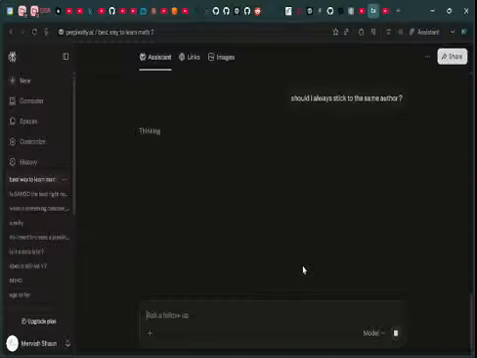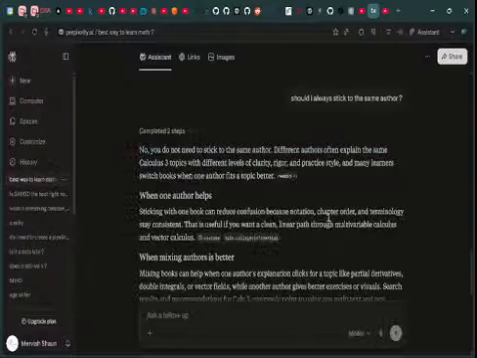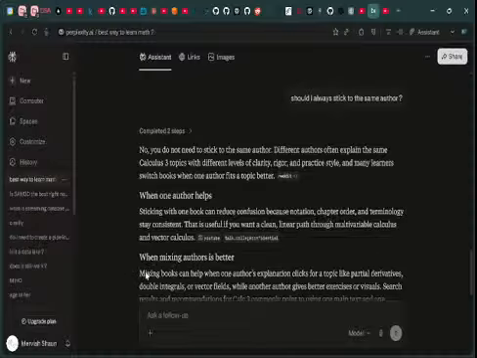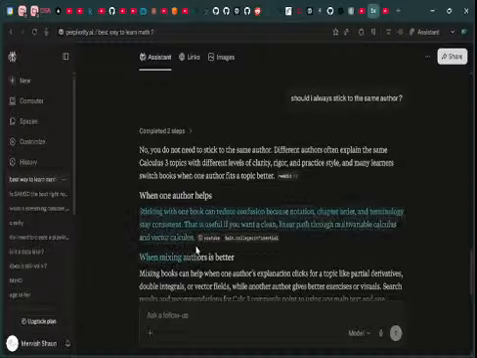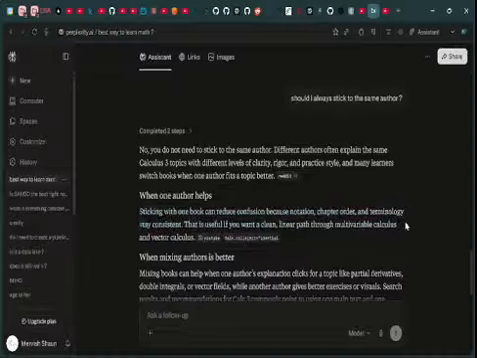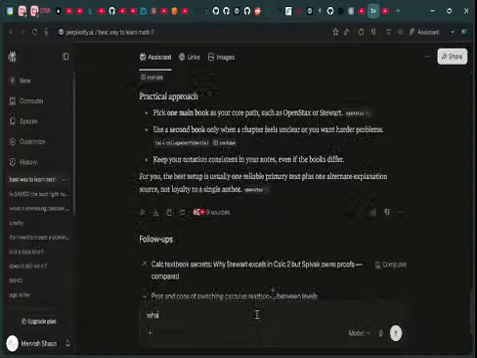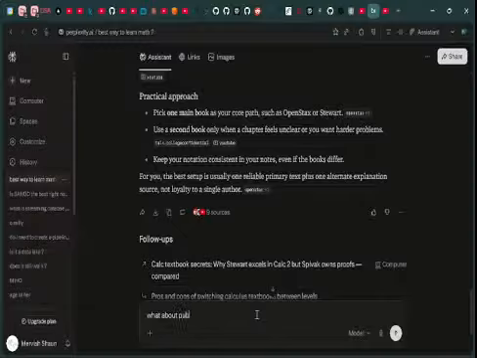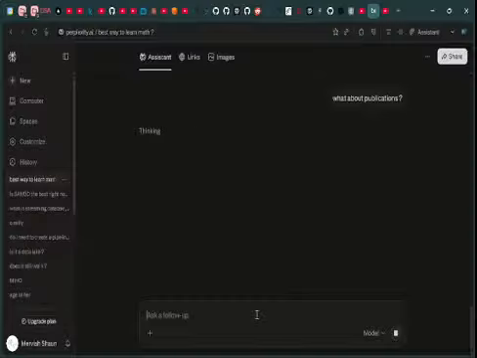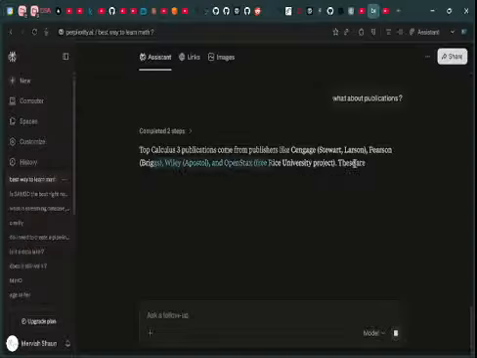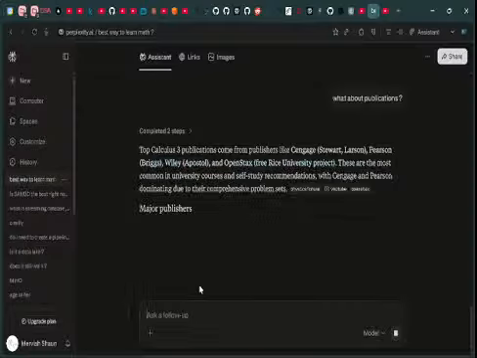Pretty sure, right? And no, you don't have to stick. Why is mixing better? Mixing books can help with author explanation clicks. Yes, of course. Sticking to one book can reduce confusion because notation is. What about publications? If you're publishing something, no. Anyways, okay.